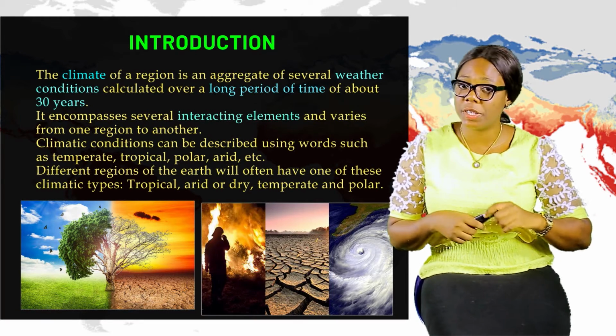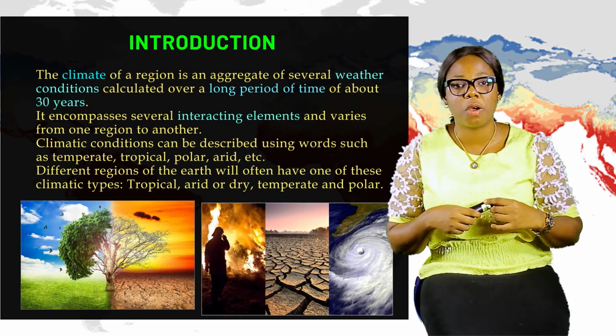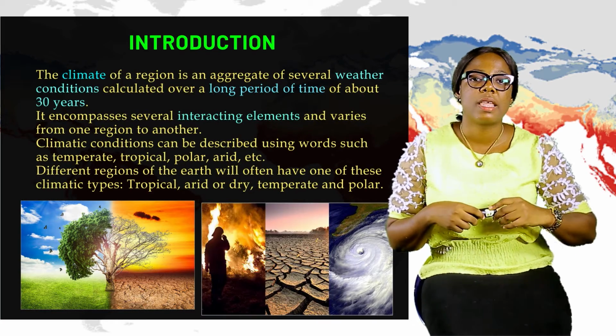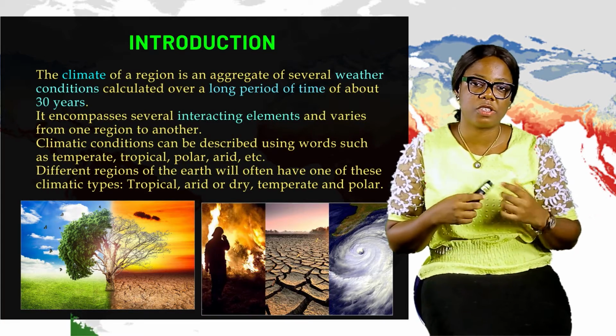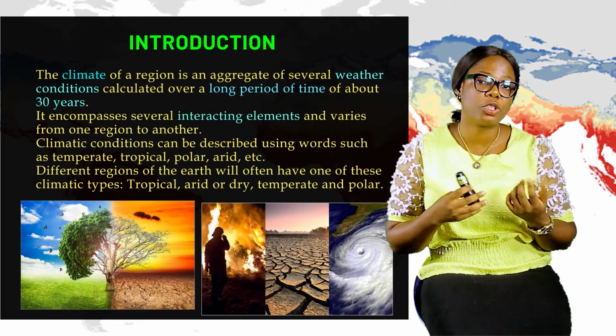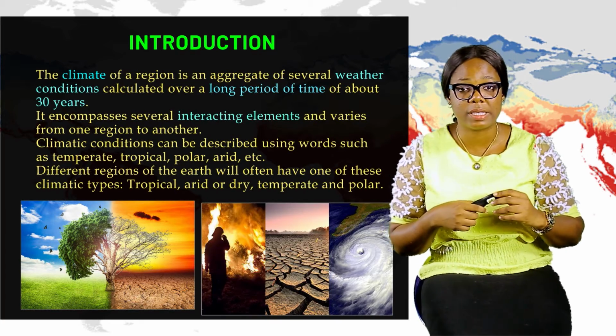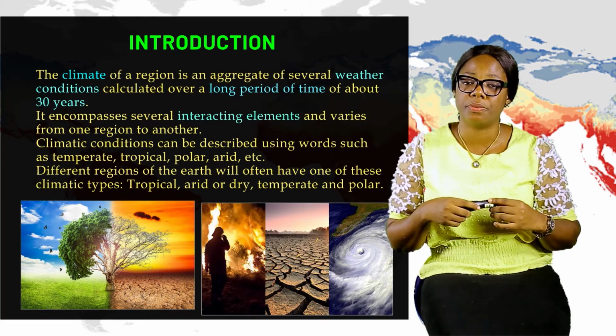The climate of a region is not just a one-time thing. It is an accumulation of several weather conditions that have been calculated and collected over a period of about 30 years. Several elements come together, such as temperature, precipitation, and humidity, to determine the climatic condition of a particular region.